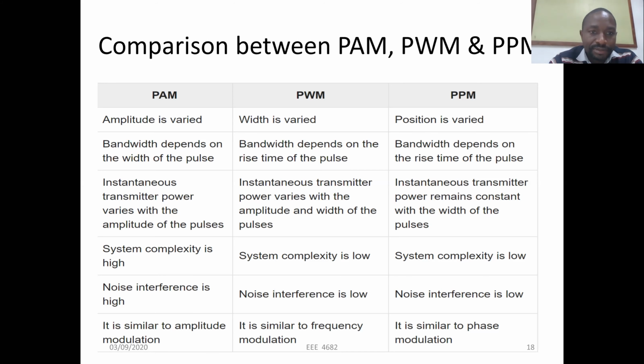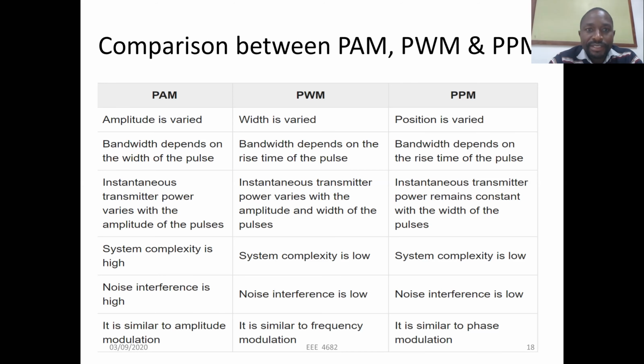In terms of system complexity, PAM is quite high, whereas pulse width modulation and pulse position modulation are of low complexity. In terms of noise, noise interference is high in PAM, but much lower in pulse width modulation and pulse position modulation.